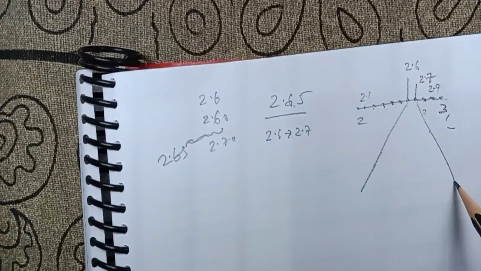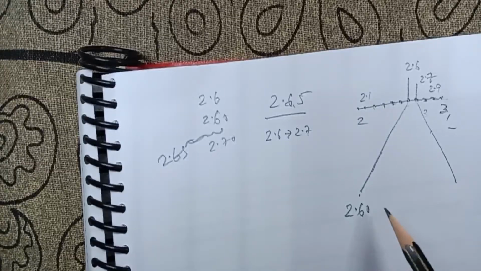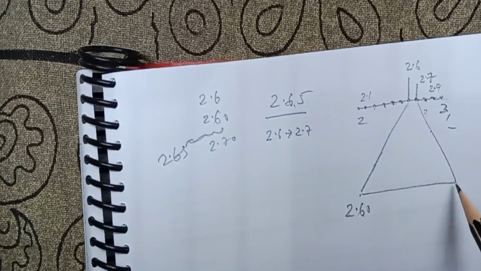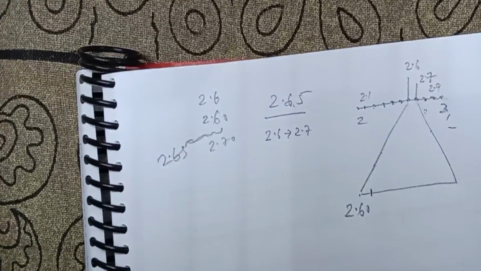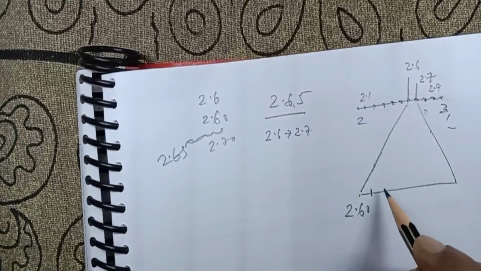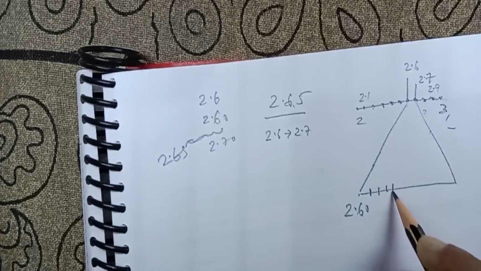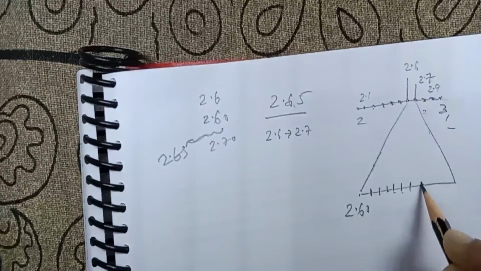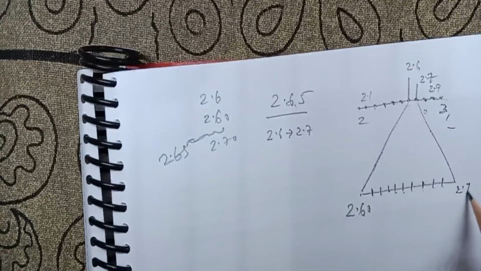Okay, this will be 2.60, 2.61, 62, 63, 64, 65, 66, 67, 68, 69, 70.